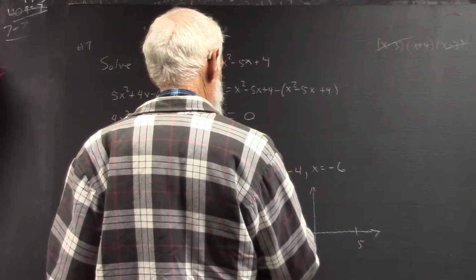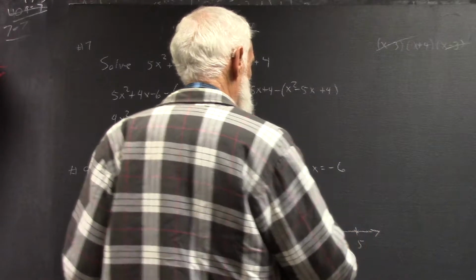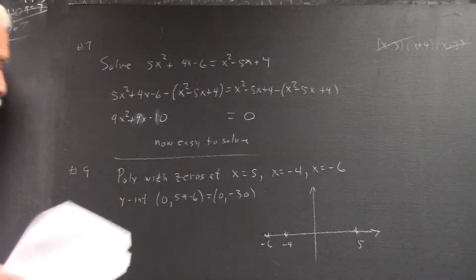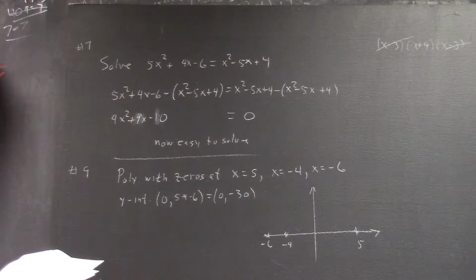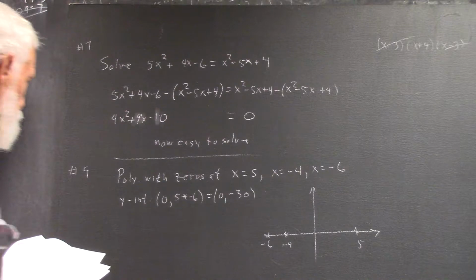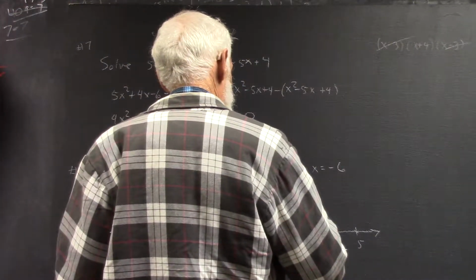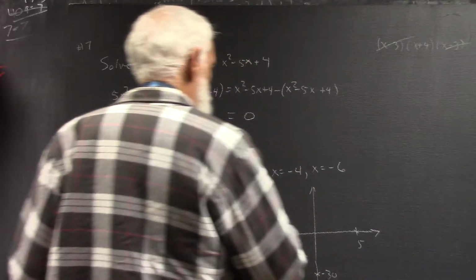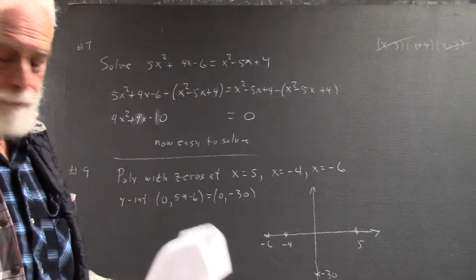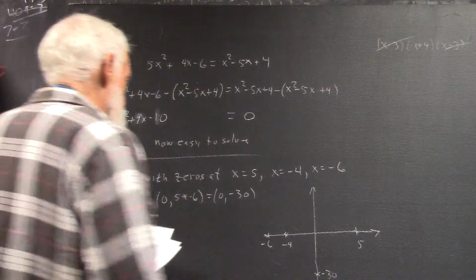X's there indicate those are zeros. We've got to go through those points, or touch them. The y-intercept is at 0, negative 30, so we've got to go through that point.